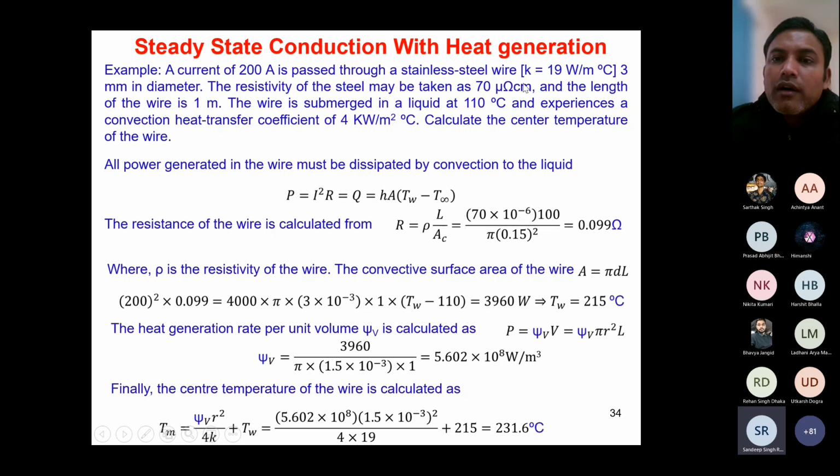So the length has to be multiplied in centimeter again. So 1 meter will be given in centimeter, so that is 100. That will be centimeter square, and this pi r square has to be again in centimeter square. So is it correct? These units are correct? Just check. Hello?